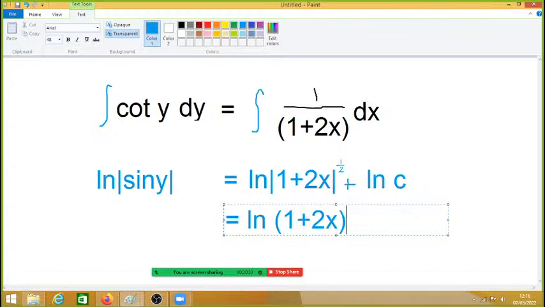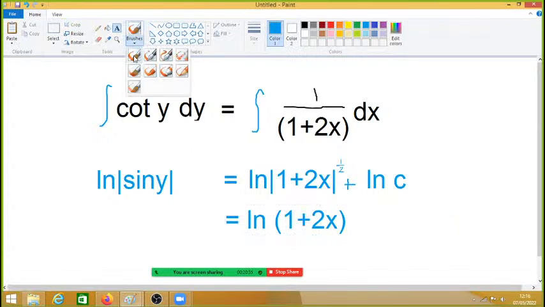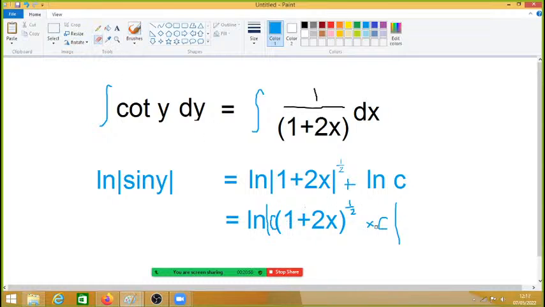1 plus 2x to the power half times c. So all of that is now combined into one natural logarithm. The c can come to the beginning, it's just easier to work with at the beginning. Okay, good. Do you remember what came after that?